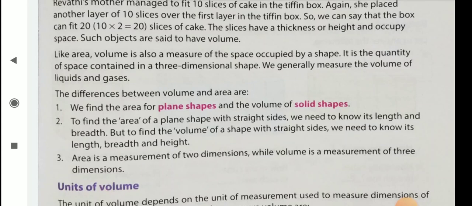But to find the volume of a shape with straight sides, we need to know its length, breadth and height. 3 things we have to know. Area is a measurement of 2 dimensions, while volume is a measurement of 3 dimensions.